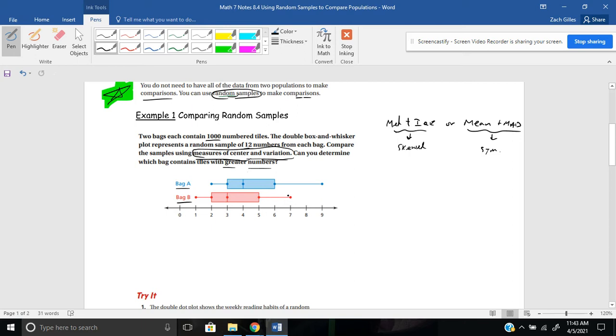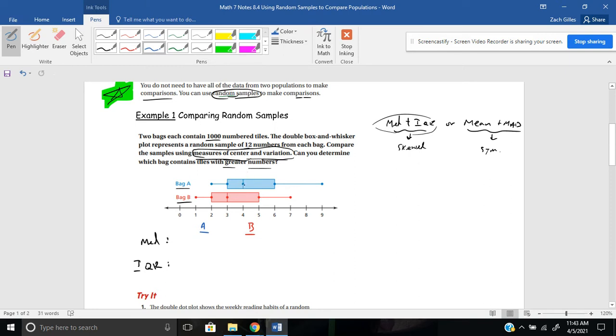So I'm going to say that both distributions are skewed to the right, so I'm going to use the median and the interquartile range here. And we're going to find those for both bag A and bag B, and then we're going to see if we can compare them.